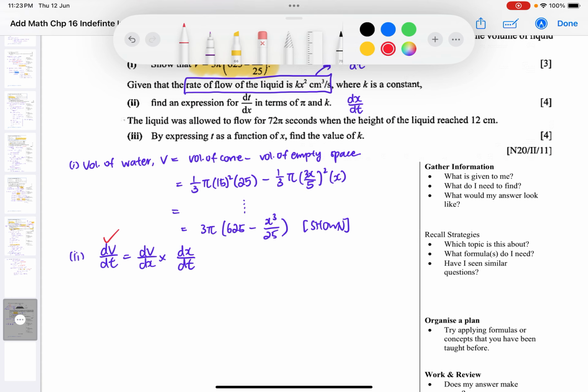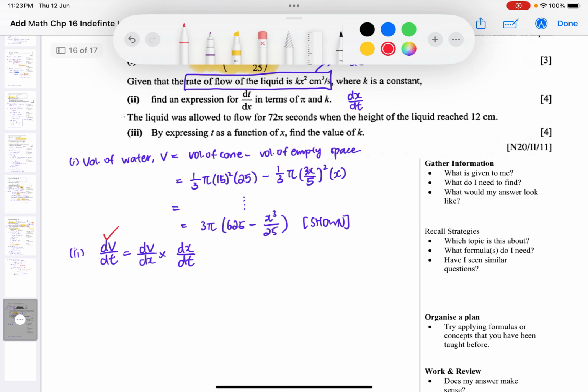Then what is dV over dx? We don't have it, but we can find it from part 1. Then we just have to differentiate the expression in part 1. And then dx over dt, that's what we want. So we can easily solve that once we have the first two things settled.